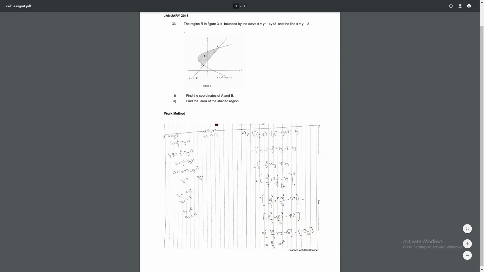Remember, if you can simplify, you need to simplify. After you've integrated, you need to simplify if you can, and then substitute the upper bound and the lower bound.